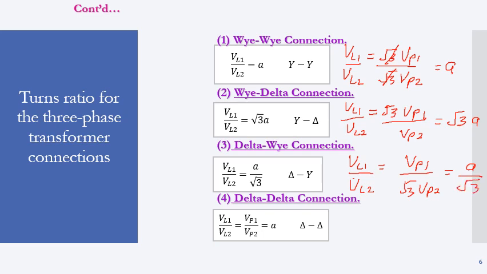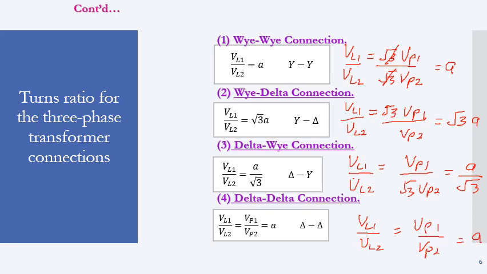Then for delta connection, we know that V line 1 equals V phase 1, and V line 2 equals V phase 2. So V line 1 over V line 2 equals V phase 1 over V phase 2, so equal to a. Okay.